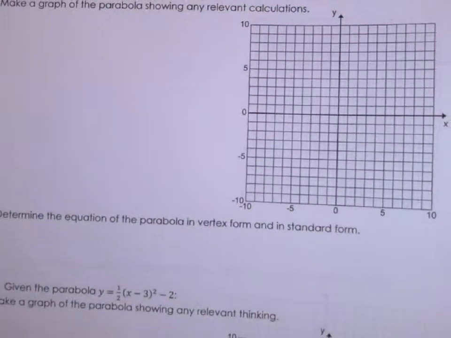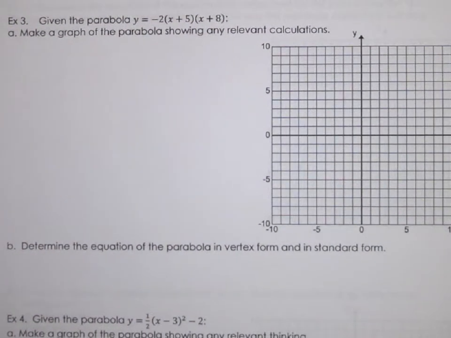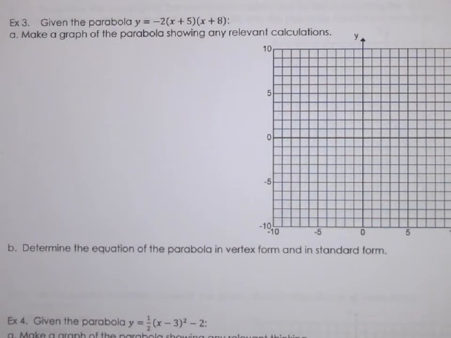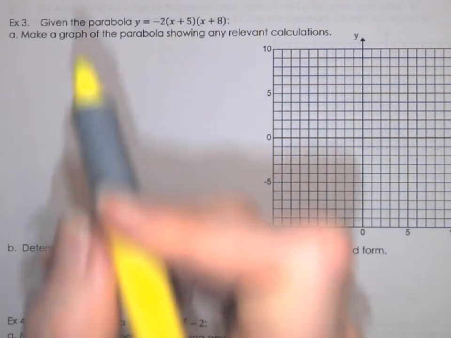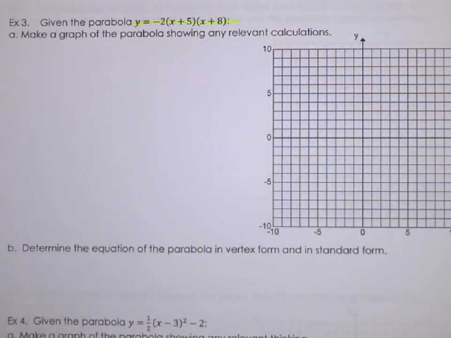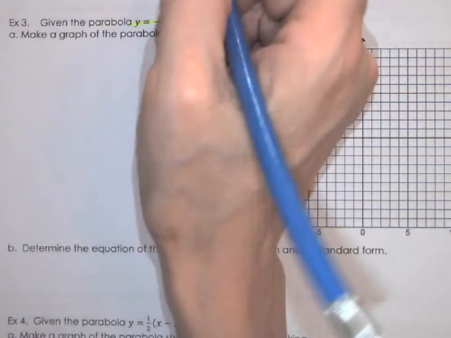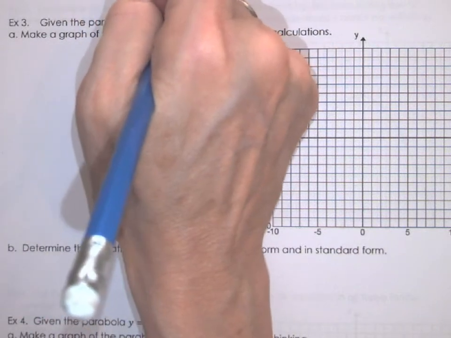Okay, the next example, example 3. Given the parabola y equals -2 times (x plus 5) times (x plus 8), make a graph of the parabola showing any relevant calculations. So we're coming back to yesterday. We should be able to look at this intercept form here and determine that our a value is -2.